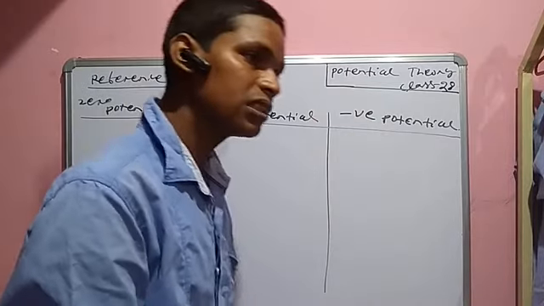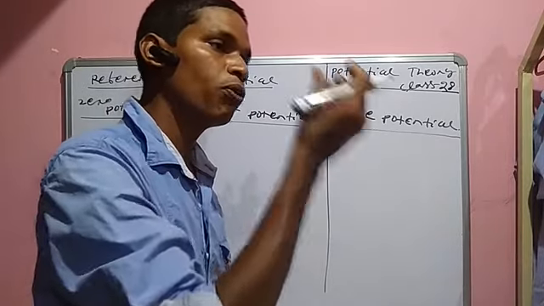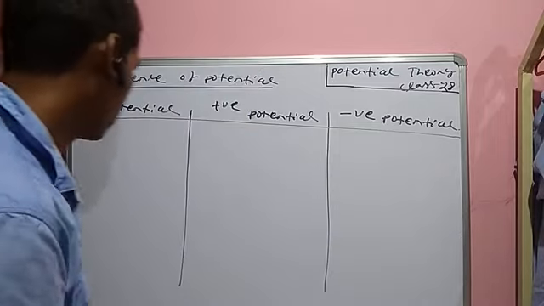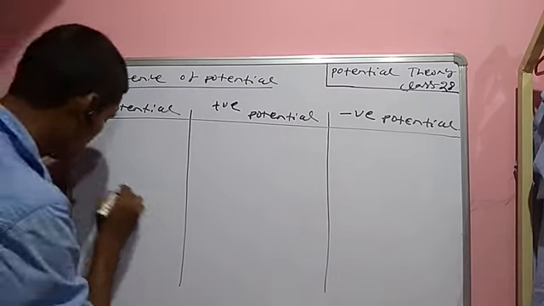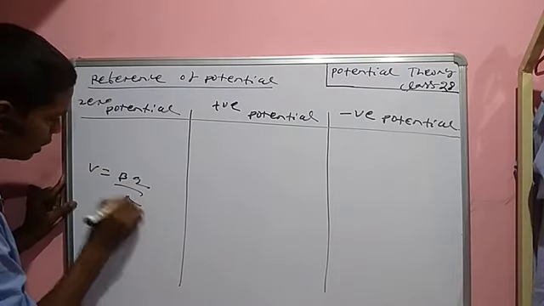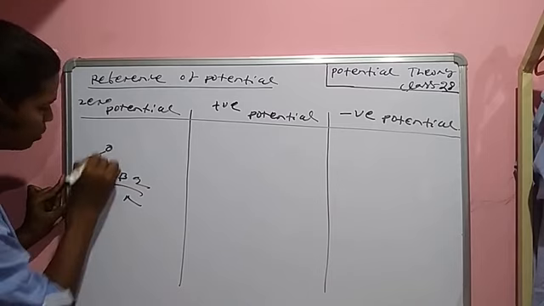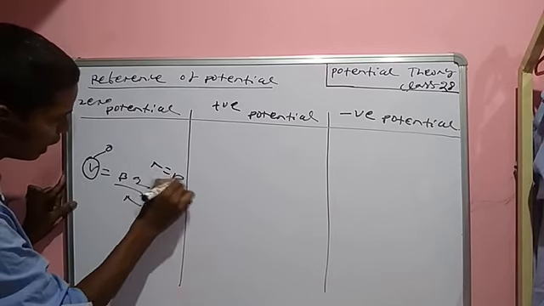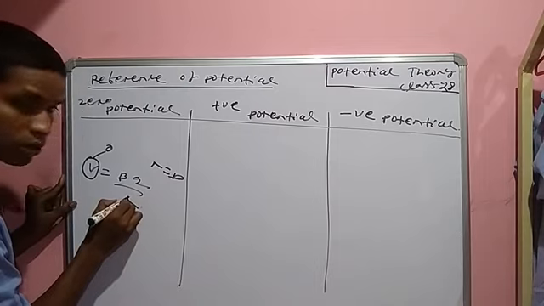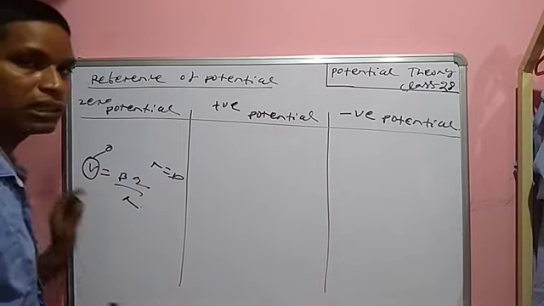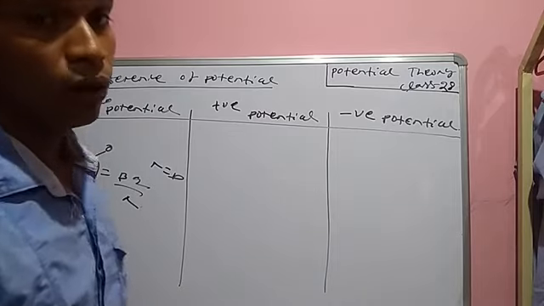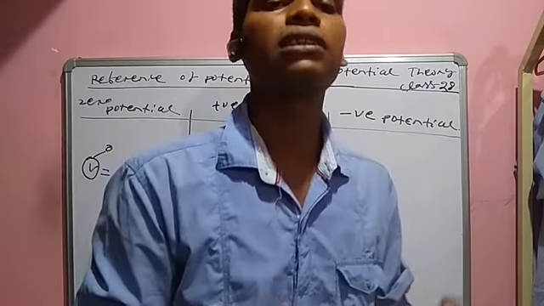Zero potential means due to charge the potential at point P is always zero. That means we have already known V is equal to kQ by R. V is zero whenever R is equal to infinite. Suppose R is equal to infinite, that means something by infinite is equal to zero. So V is equal to zero. So you have to think about Earth.